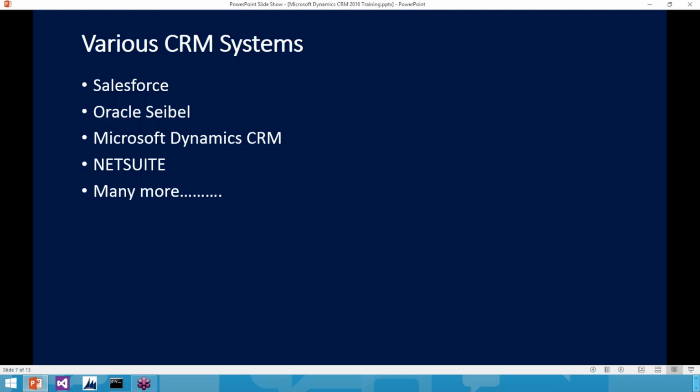And there are a lot of CRM systems, like Sugar CRM. There are a lot of good developers like you and me who, once they know the CRM system, try to build their own CRM system and sell that as a product. If you know everything, you can build a CRM kind of application within 1 to 2 years.